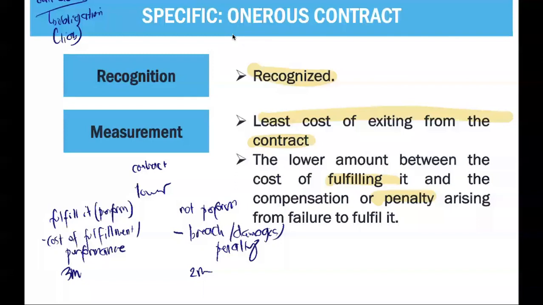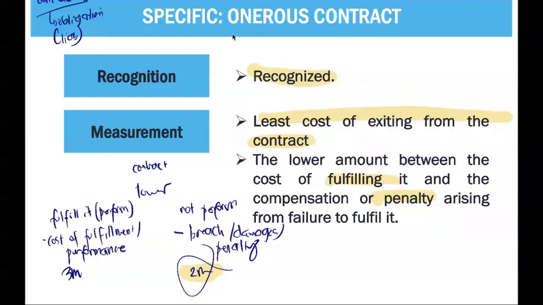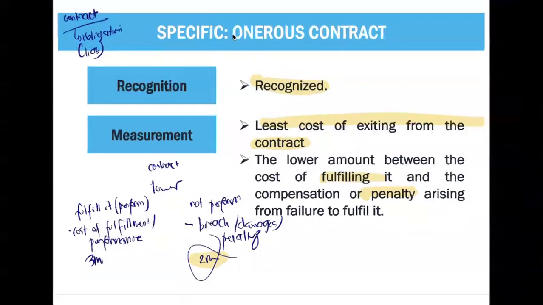So whichever is lower. So what is the least cost of exiting from the contract? Our answer is 2 million pesos. Okay? So you will recognize the onerous contract and the measurement is based on the lower between the fulfillment cost or the penalty or damages. So in this case, the lower is 2 million pesos. Okay? Onerous contract. Now, take note.